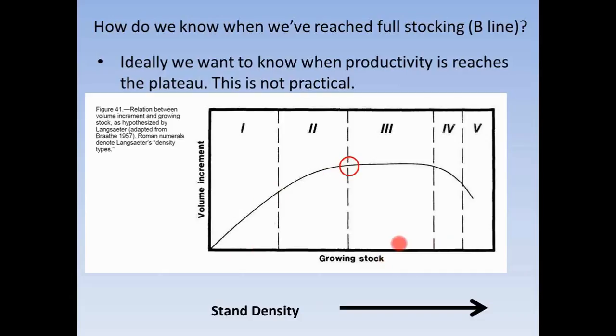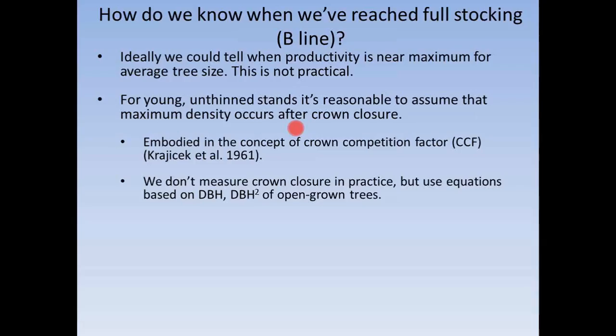So we reach that point where we're dense enough to get full productivity. That'd be great, but it's not practical because we don't really know where that point is. We don't measure volume increment over time in a stand. We have to have some way of going into a stand and just measuring it once and getting some idea if we're at that point, that B line that I talked about. So it's not practical.